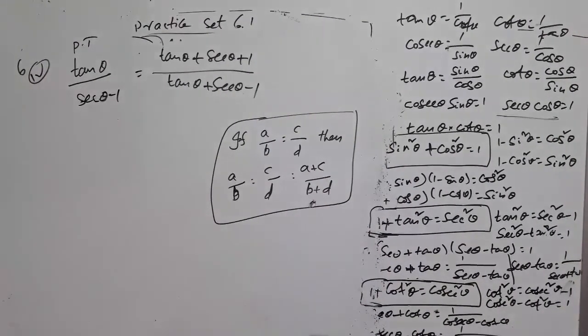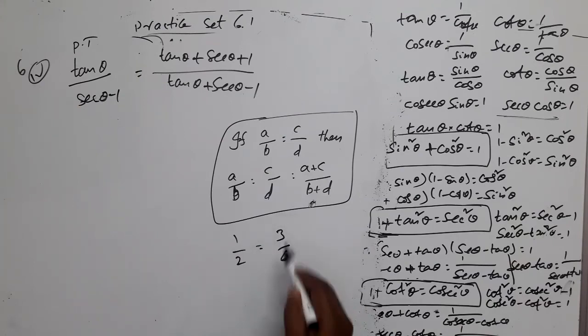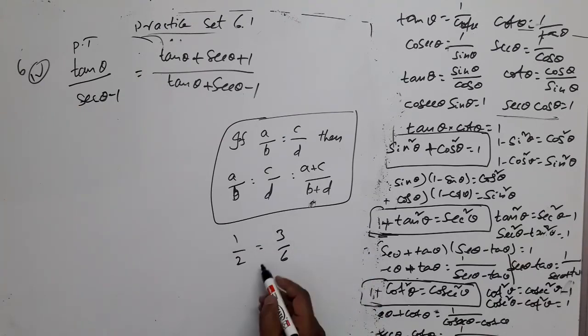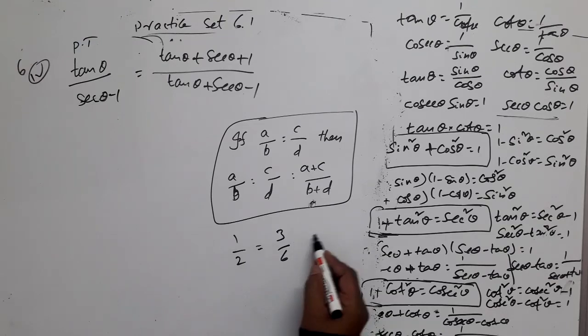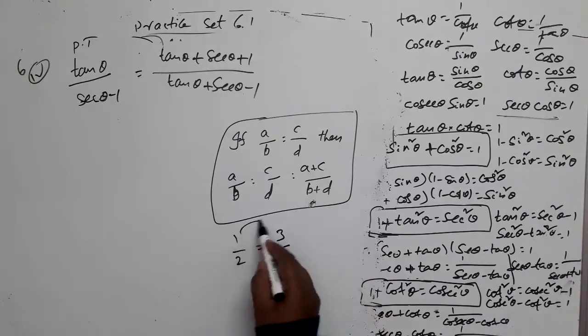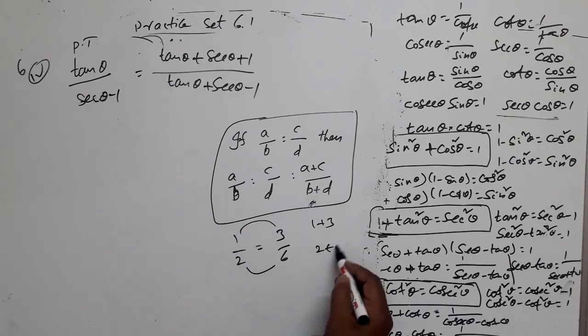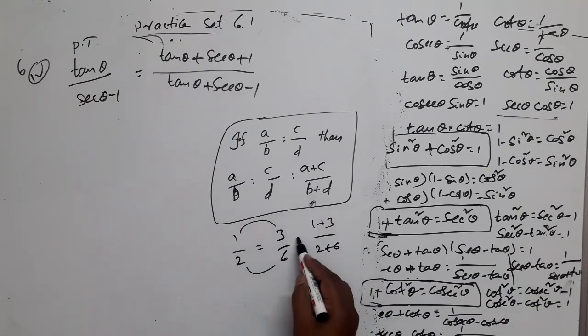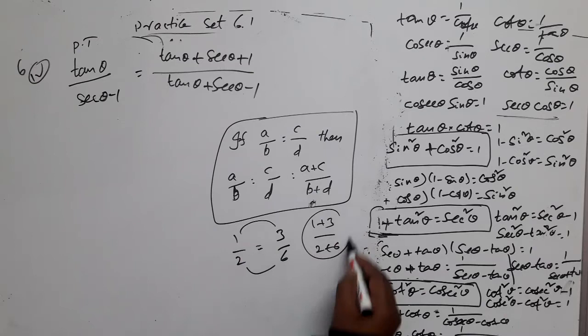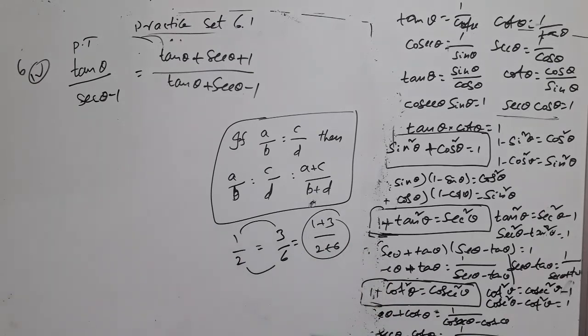That is the condition. Theorem of equal ratios. See, 1 by 2 is equal to 3 by 6, is it not? 3 by 6, you cancel 3 ones, 3 twos, 1 by 2, 1 by 2. Tallied. Can I write, see, what is this? Add the numerators, add the denominators. It says this term will be equal to this one. Check it out.